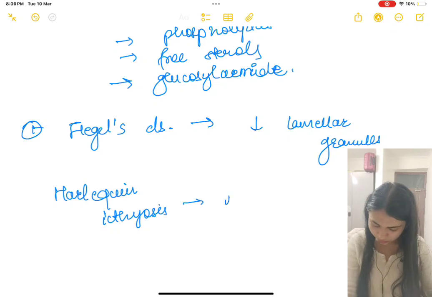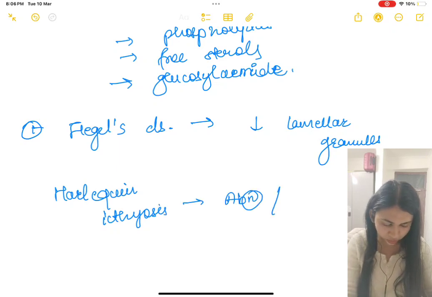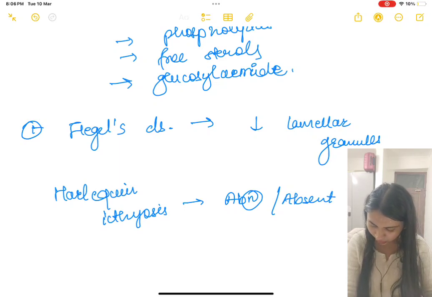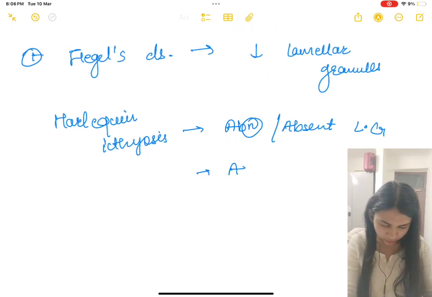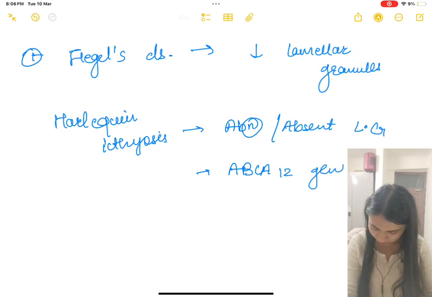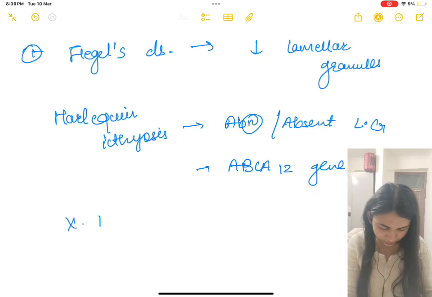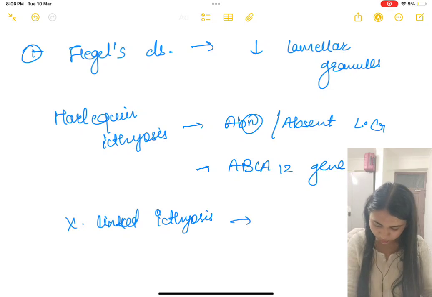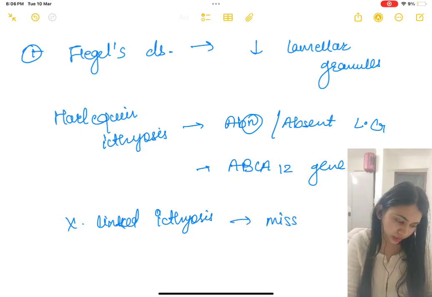In Harlequin ichthyosis, you can see mostly abnormal or absent lamellar granules. Harlequin ichthyosis is due to defect in ABCA12 gene at 2q34. Then you have X-linked ichthyosis. In X-linked ichthyosis, you will get missing steroid sulfatase in lamellar granules.